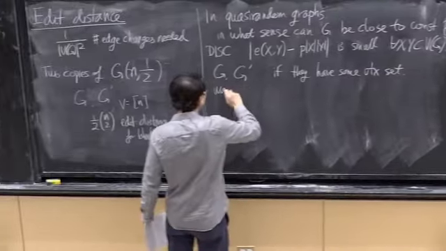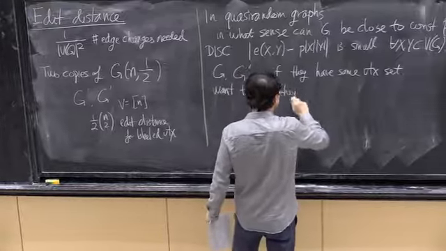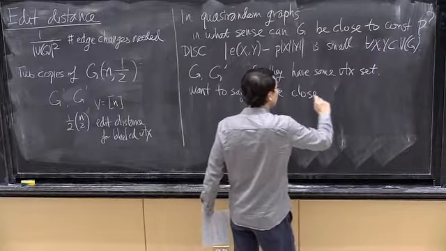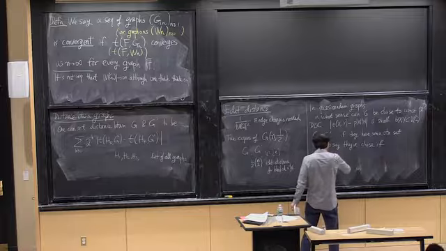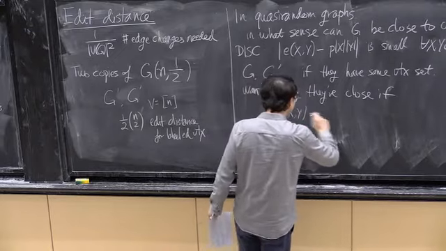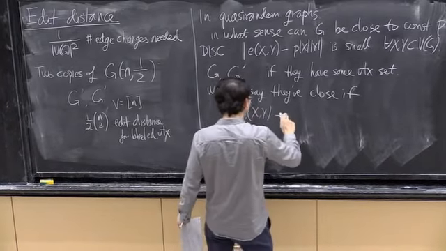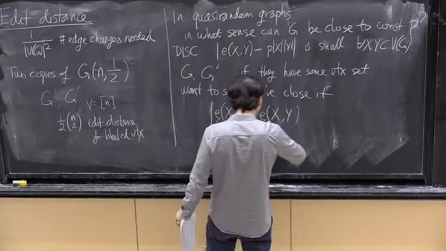I want to say that they're close if the number of edges between X and Y in G is very close to the number of edges between X and Y in G prime.